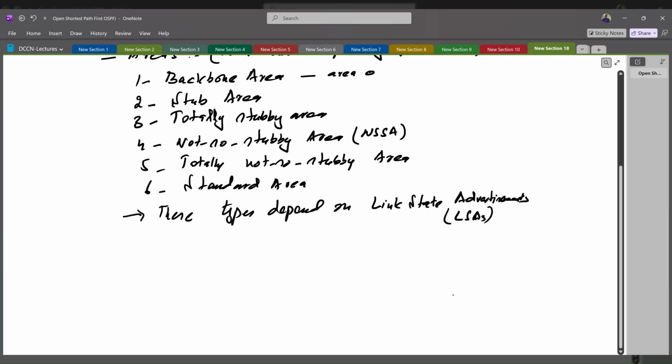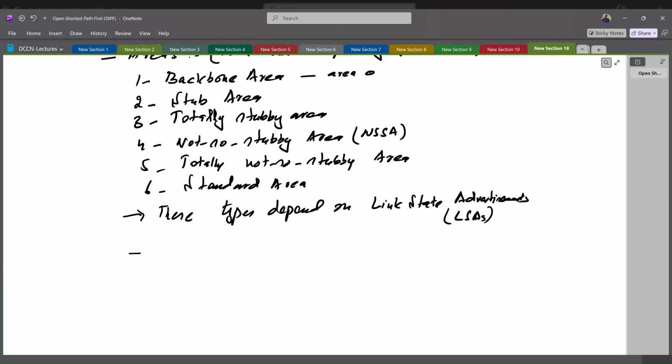Right? So there are different link state advertisement updates in OSPF. Understanding different types of LSAs will help us to understand these different areas.